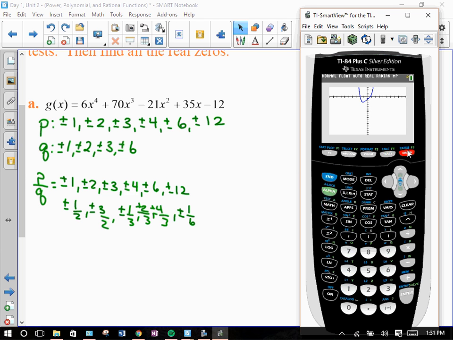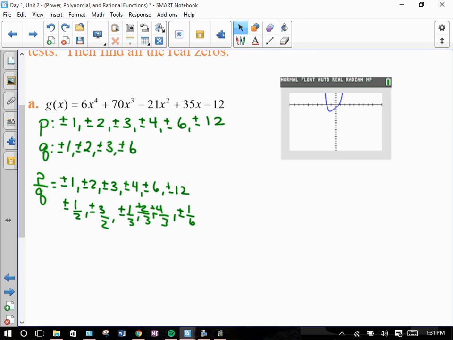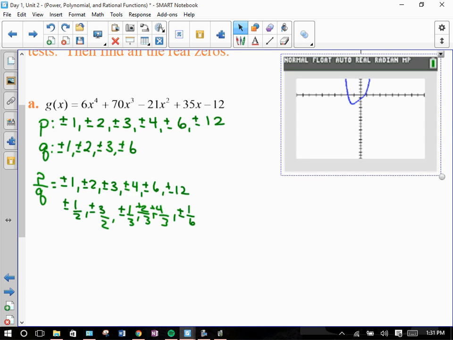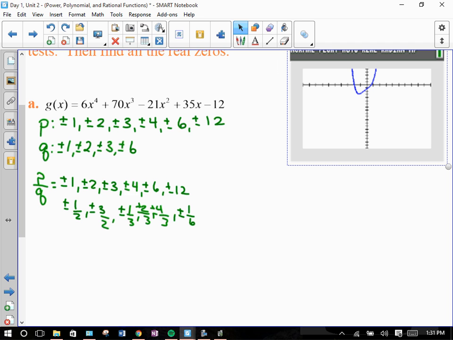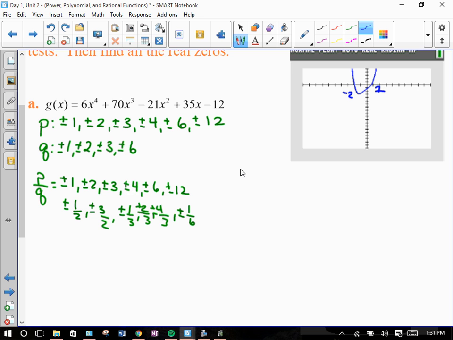Here's our graph. Over here. Alright, what appears to be upper bounds here? So, upper bound looks like it's going to be 1. What's the lower bound look like it's going to be? Right there, -2. We can try -2 first. Alright.